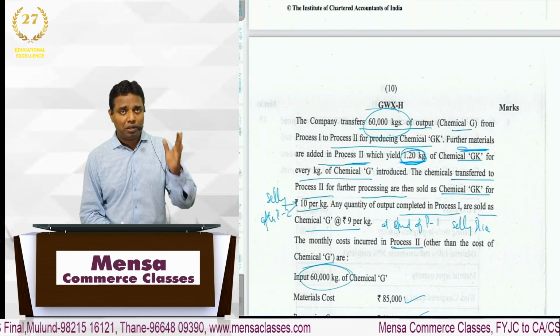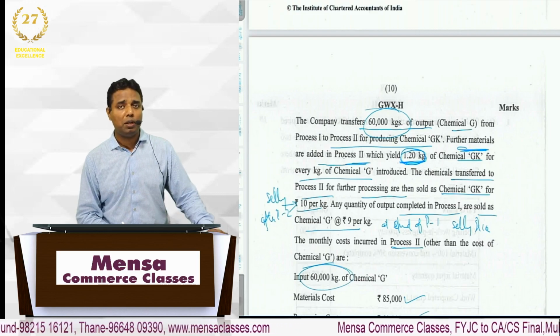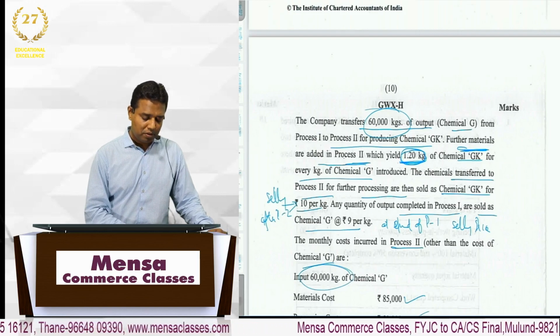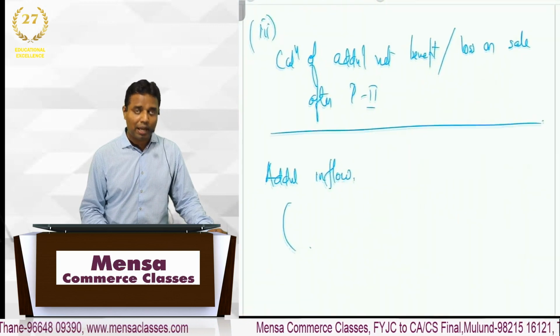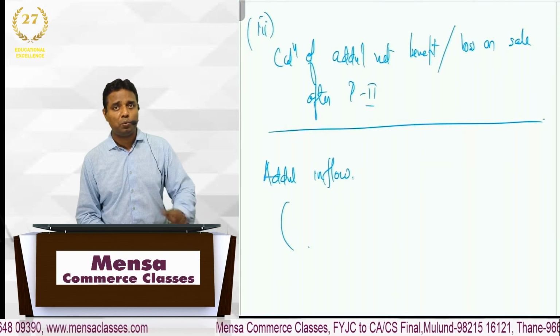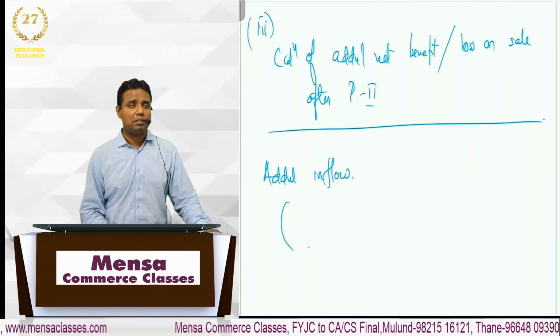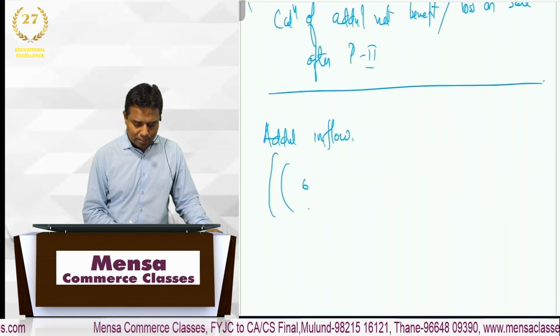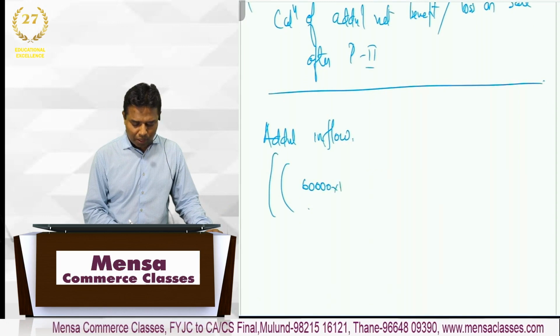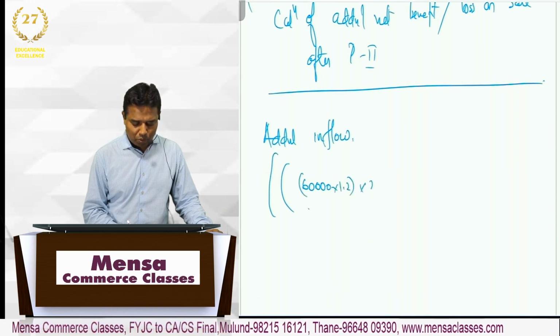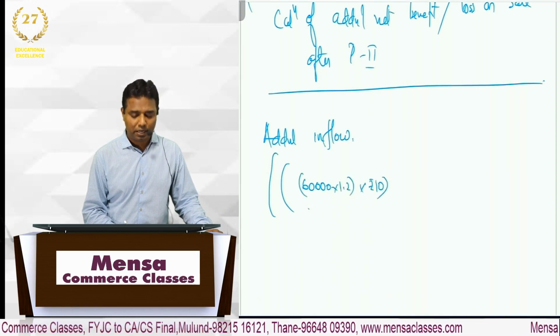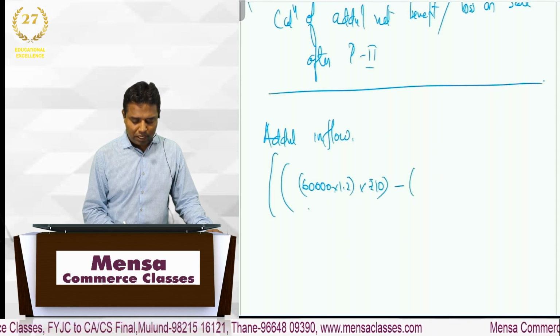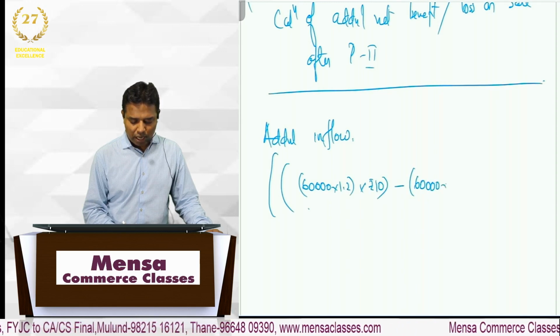For every 1 kilo you will get 1.2 kilos of GK. Correct. So if I put 60,000, I'll get 1.2 times 60,000, that is 72,000, and I can sell them at rupees 10, instead of selling 60,000 at rupees 9.